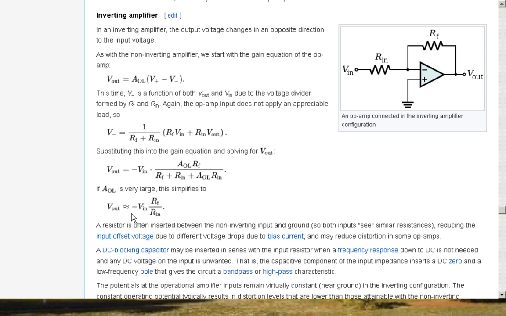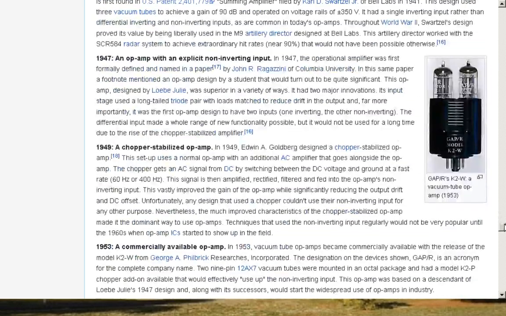V out is approximately equal to minus V in times RF over Rin. And it's minus because if it's an AC signal, the output is 180 degrees out of phase. And if you want to bring it back into phase, you put another op amp at the output and use a unity gain amp, and that reverses the phase.